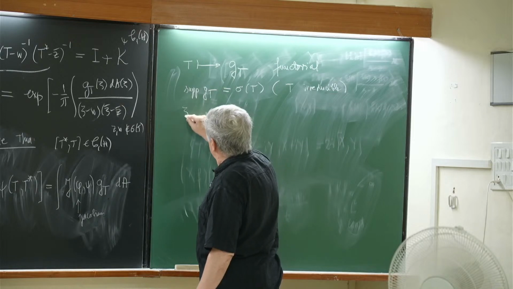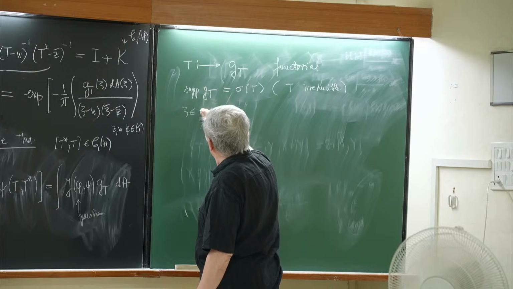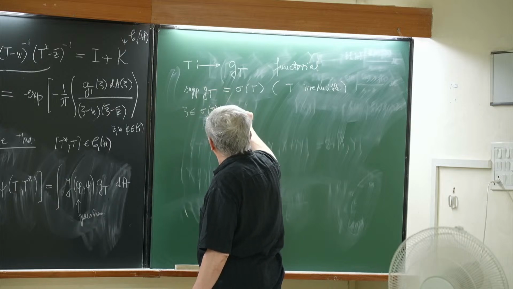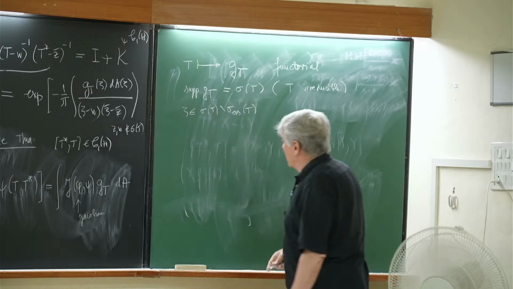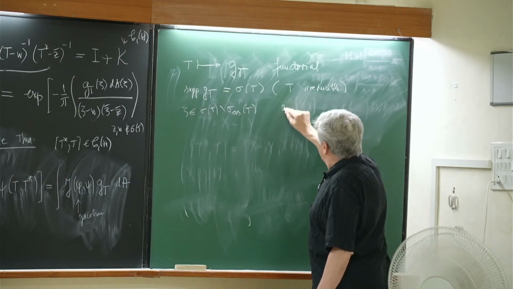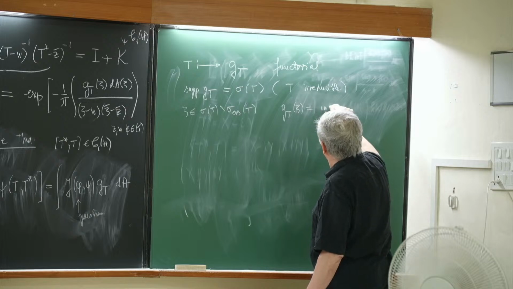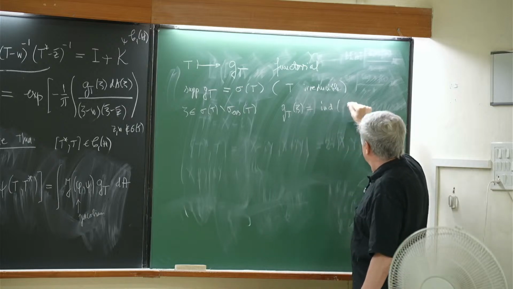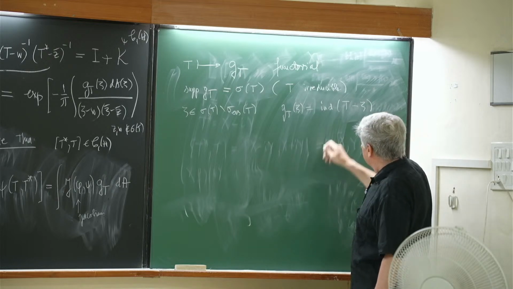For a point zeta where the Fredholm index exists, g of t is precisely minus the Fredholm index of t minus zeta.